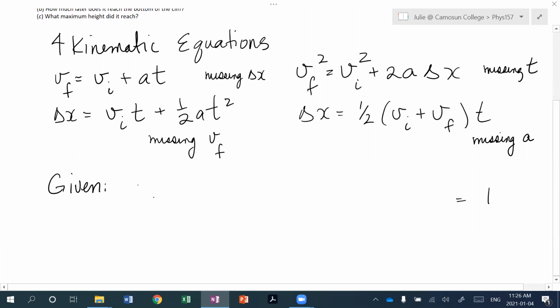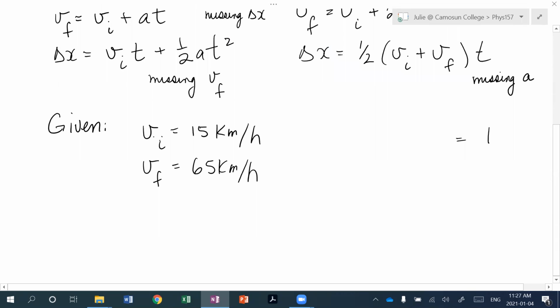This is a Tour de France bicyclist passing over the crest of a mountain at an initial velocity of 15 kilometers per hour, and then goes down the hill, speeding up, and has a final velocity of 65 kilometers per hour. His displacement along the hill is 4 kilometers.